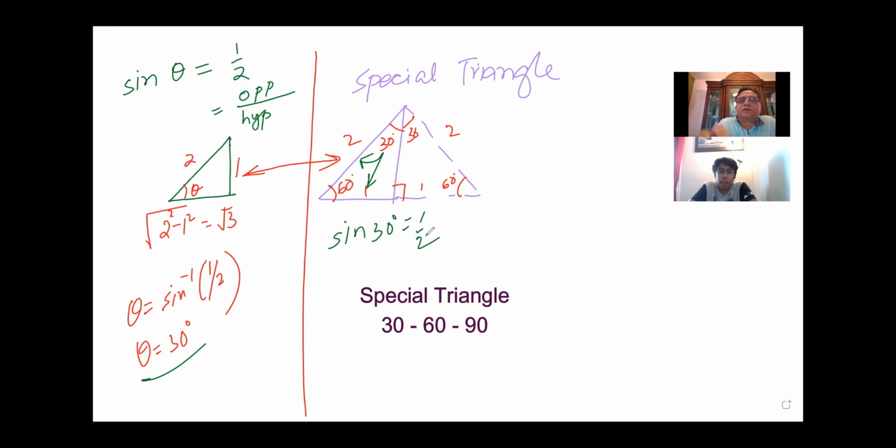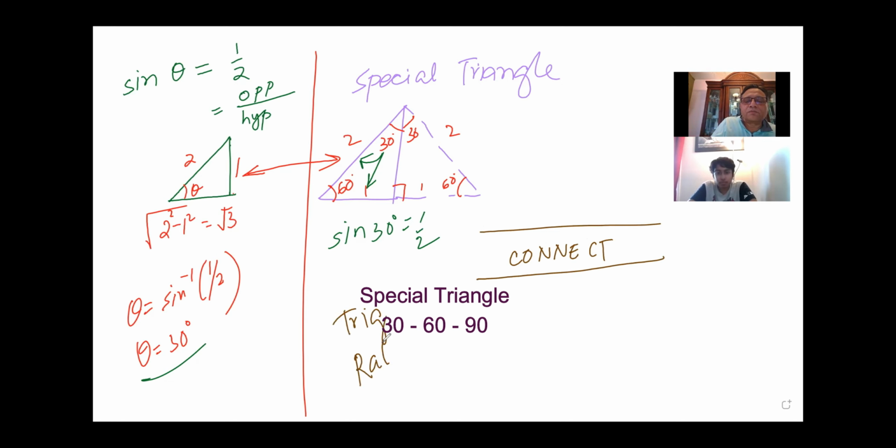So what we have done here is that we have made a connection. We connected our learning. We know what sine ratio is, so we have a trig ratio. We have a triangle, correct? Connecting the two.